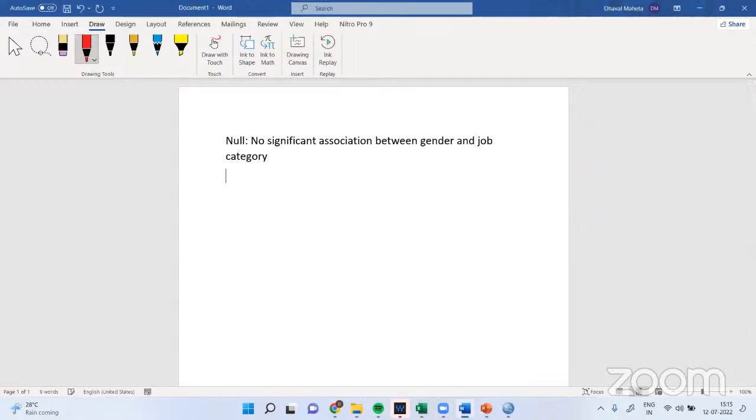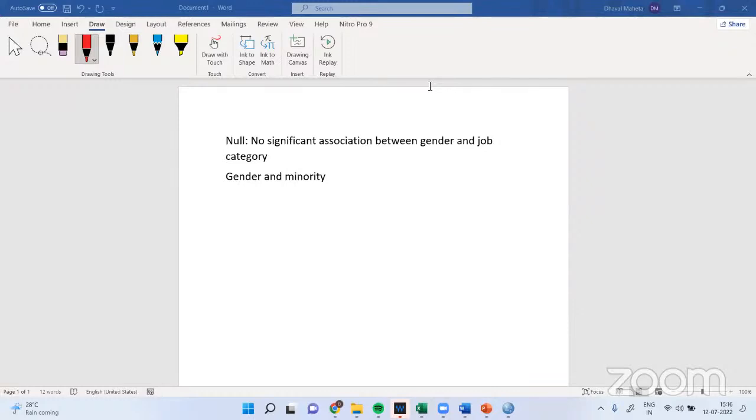Now I will give you two more, and I want to see the fastest finger first. How will you frame the null hypothesis of this? You should be very quick. Gender and minority, type in the chat box. Come on, be fast. What should be the null hypothesis of this? Right. Sunny Shrestha, very nice.